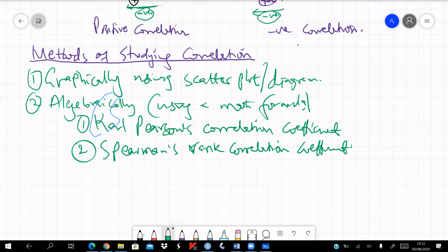If there seems to be some evidence of a relationship, then you can go ahead and use the formula. We start graphically because a graph is appealing even to people who are not into mathematics or statistics.